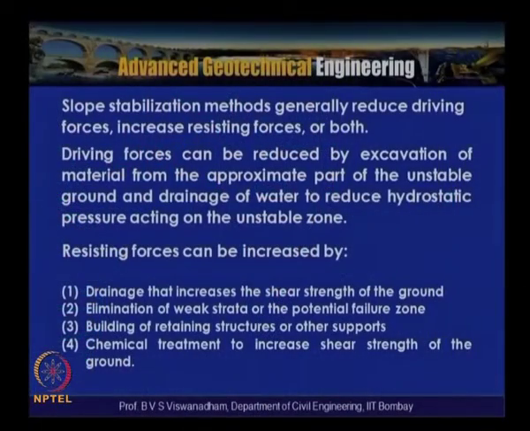So, the slope stabilization methods generally reduce driving forces, increase resisting forces, or both. The resisting forces can be increased primarily by drainage that increases the shear strength of the ground, elimination of the weak strata or the potential failure zone, and building of retaining structures at an appropriate location.